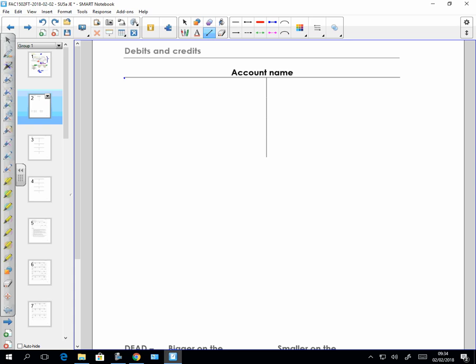I'm going to have an account name. I'm going to underline it. Yes? Very hard, hey? And then I'm going to split my page down the middle. Go slowly, don't hurt yourself. And I'm going to call the left side the debit side and the right side the credit side.